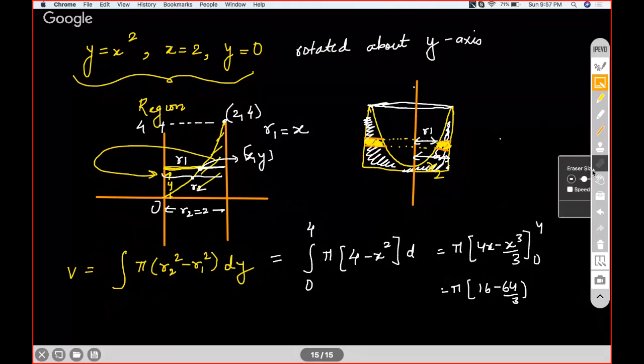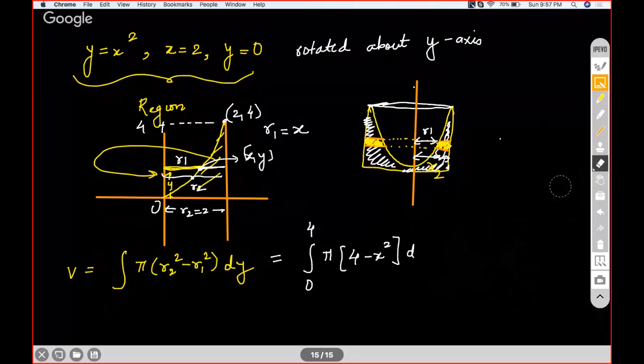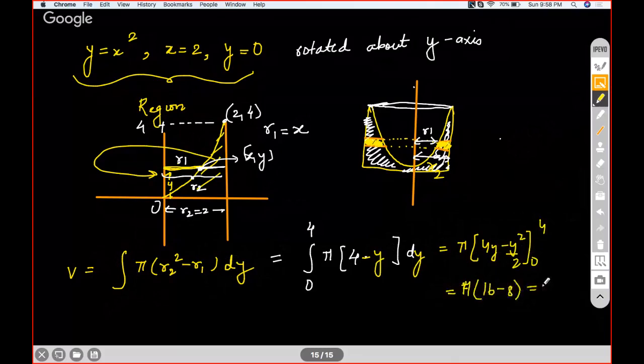Sorry, I have to write in terms of y, because the differential step is along y, no? So this x square has to be made y. So it'll be the integral of 4 minus y dy. Yeah, I'm sorry. So it will be pi times 4y minus y square by 2, from 0 to 4. Now it will be pi times 16 minus 8. This will be your answer.